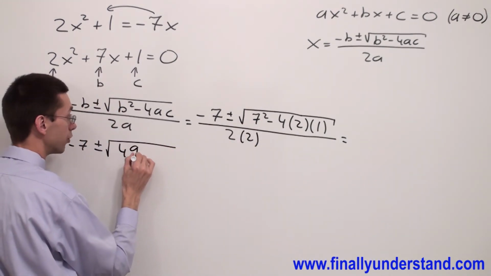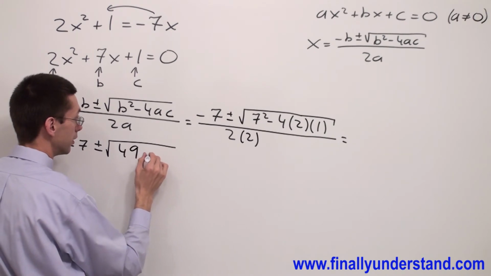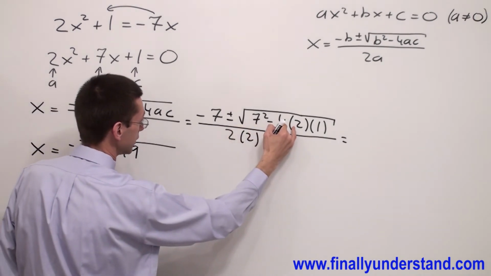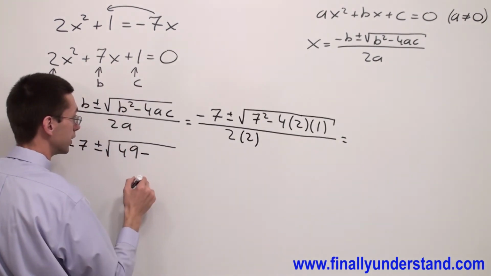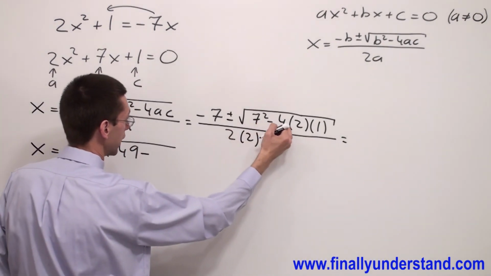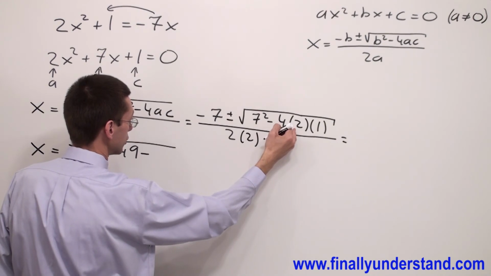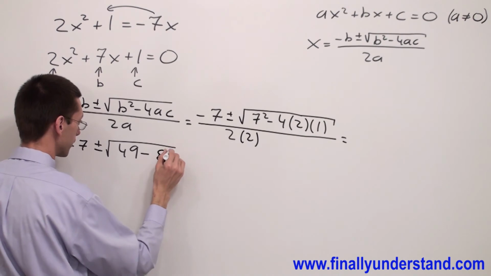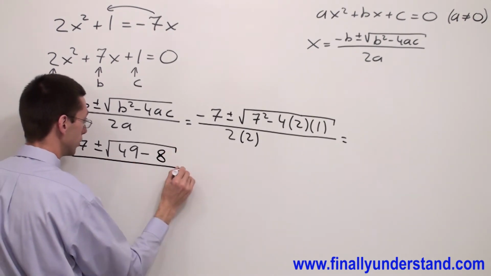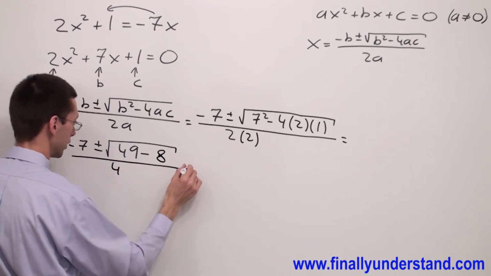I have 49. Negative times positive is negative, times positive is negative. That's why I'm going to keep the negative sign. 4 times 2 is equal to 8, times 1 is 8, over 4.